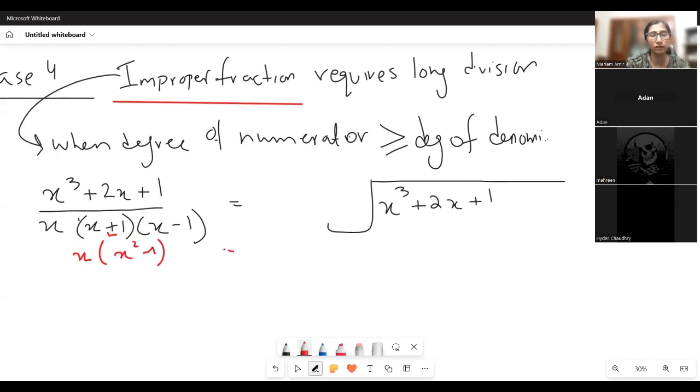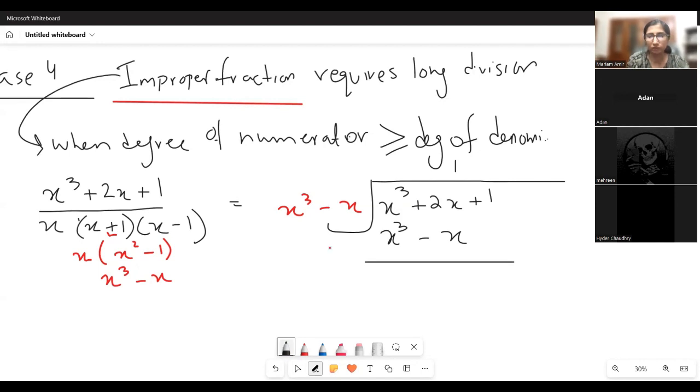I've used the identity a plus b, a minus b. You can separately multiply the brackets as well. So x squared minus 1, which gives x cubed minus x. So divide this by x cubed minus x. All right, so we'll write 1 here. So we get x cubed minus x.